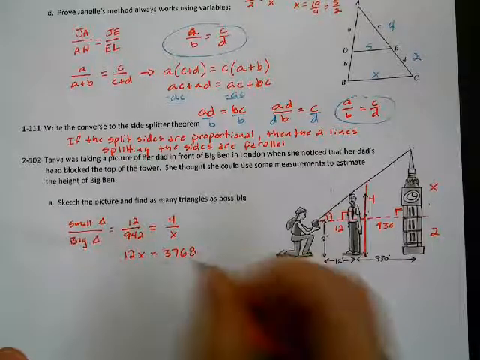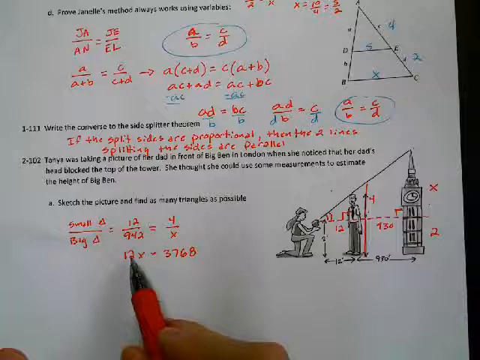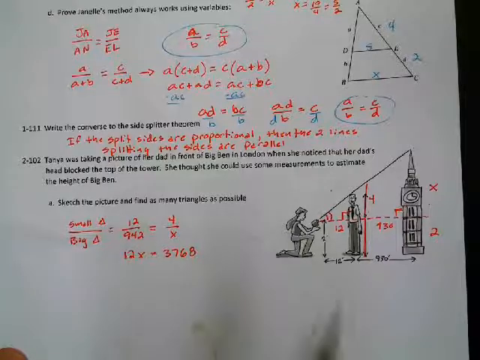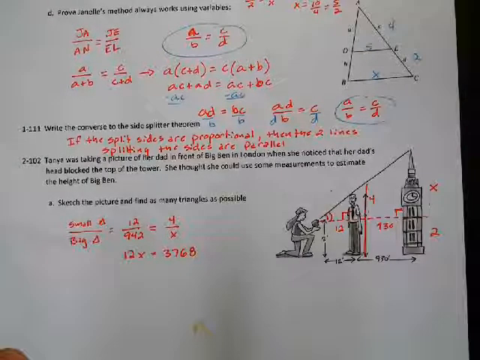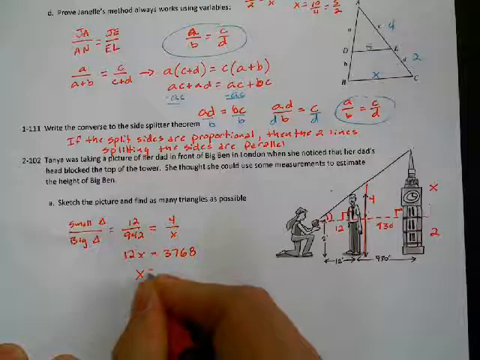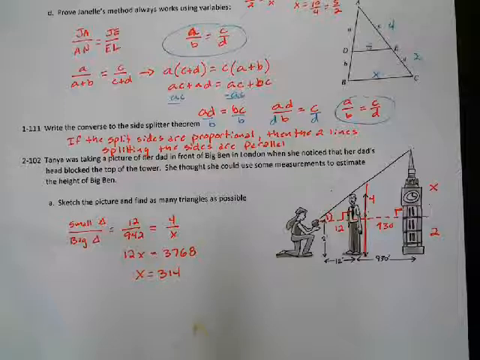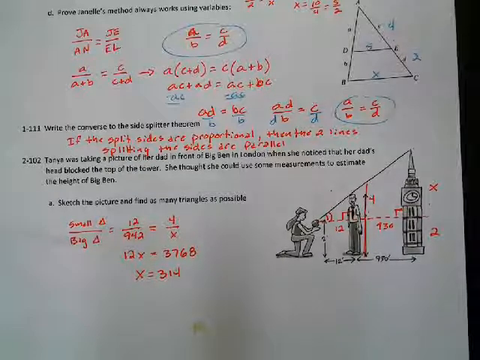And now I'm going to divide by 12 on both sides. So I'm going to take 3768, divide by 12, comes out to 314. Is that the height of Big Ben? No. That's this part of Big Ben.